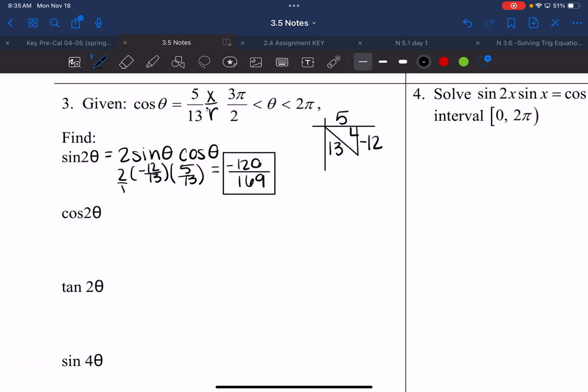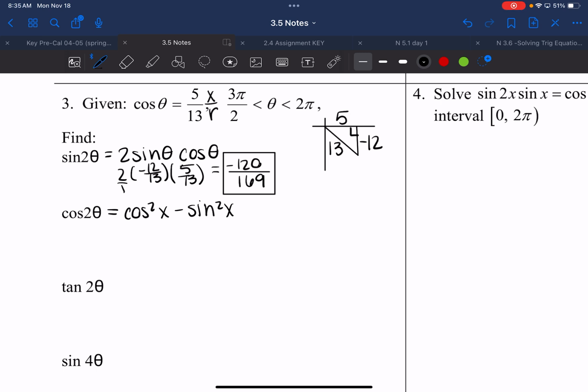Okay, so one of the identities we haven't used yet is that first way to write cosine of 2x, right? We are apparently allowed to rewrite cosine of 2x or cosine of 2 theta as cosine squared of x minus sine squared of x, right? Or theta is what they used here.